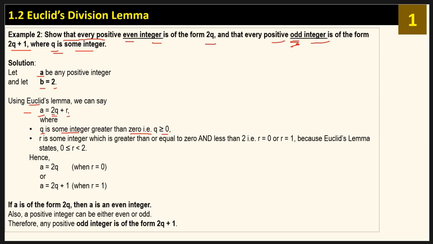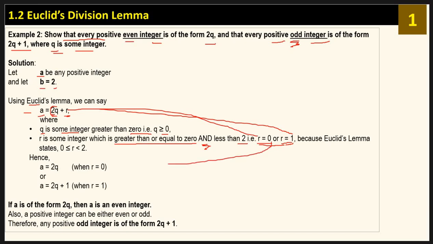And r is the remainder, some integer which is greater than or equal to 0 and less than 2. That is, r is either equal to 0 or r is equal to 1, because as per the lemma, r will have to be smaller than the number 2. So we have r as either equal to 0 or equal to 1.